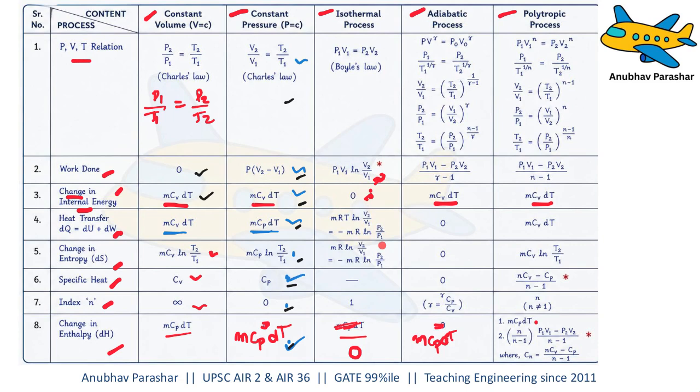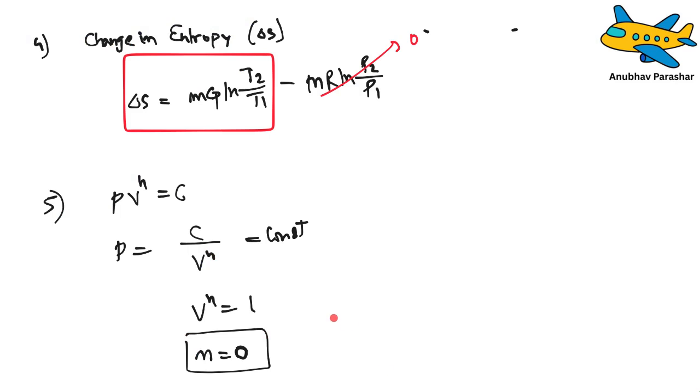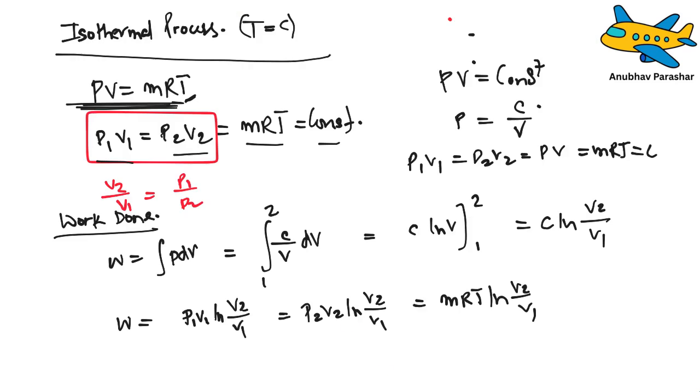Let us try to calculate what is change in entropy. Now I think you have already understood how to calculate a change in entropy. It is not going to be very difficult, and we will also try to figure out what is the index N quickly.